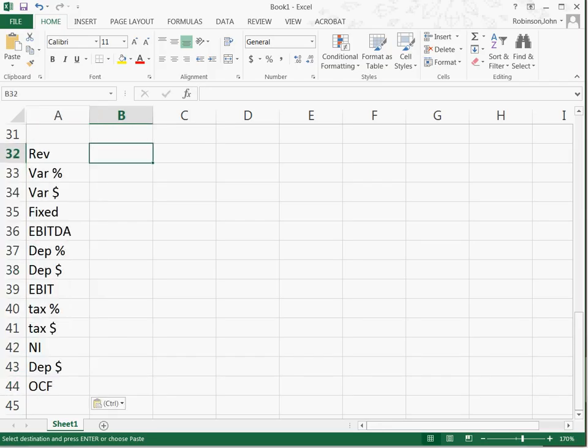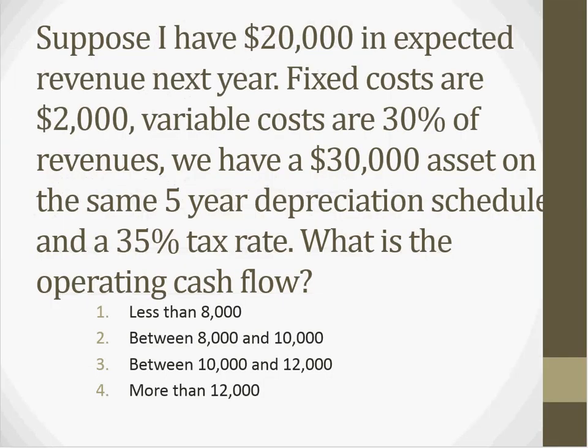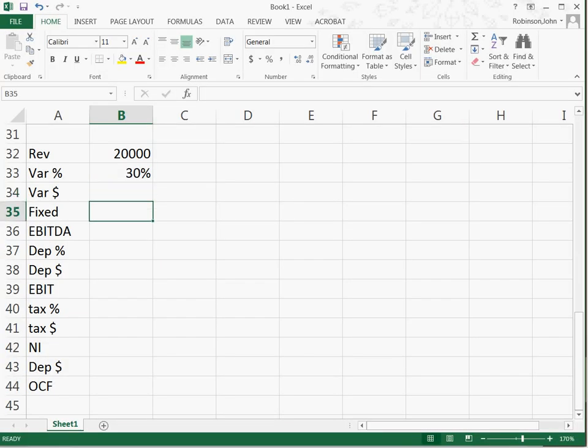So we have our map here, and we know that revenue is 20,000. We know that variable percent is 30%, right? That's what was listed in the problem. We have fixed cost of 2,000. So variable cost will be 30% of 20,000 or 6,000. And then EBITDA is our subtotal of these, so subtract them.